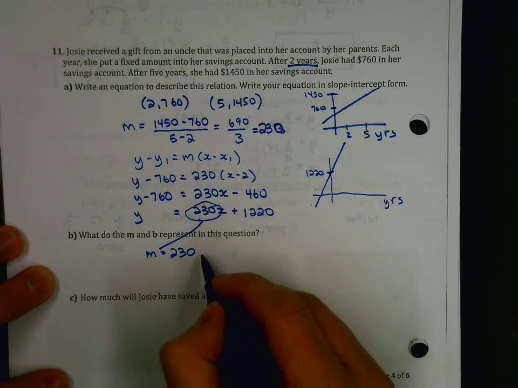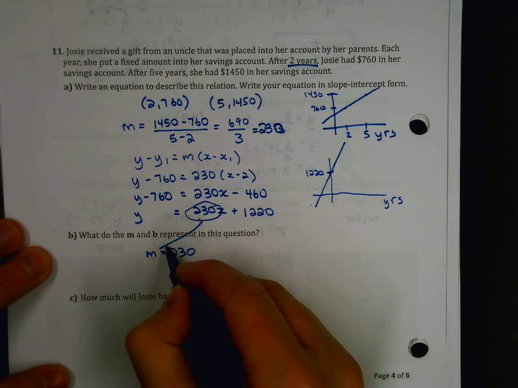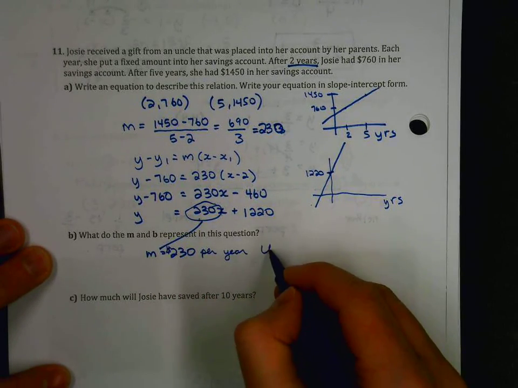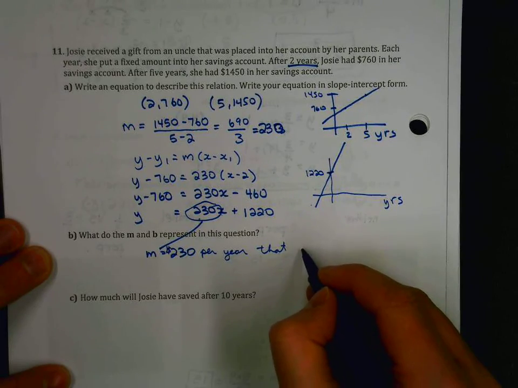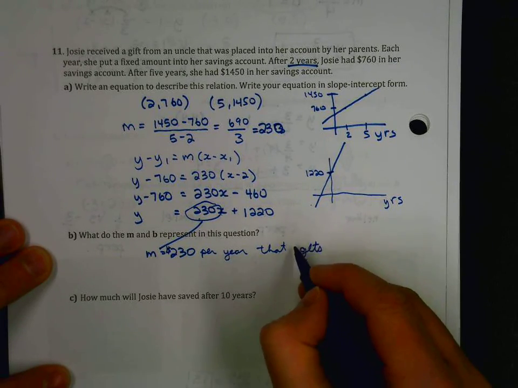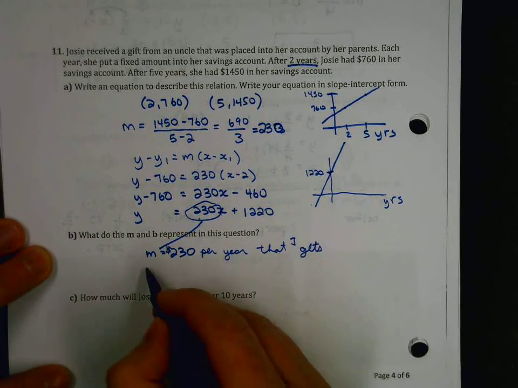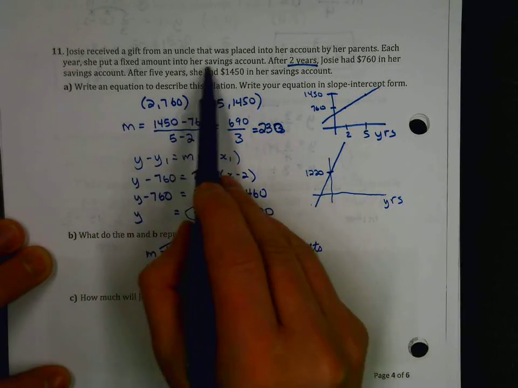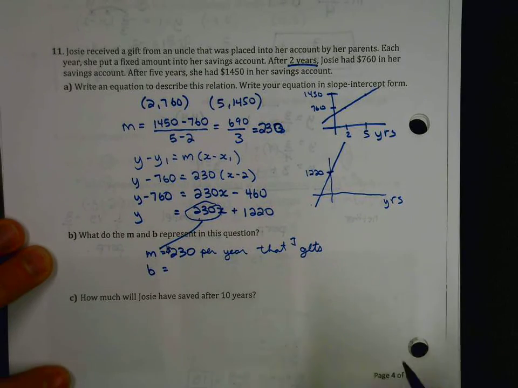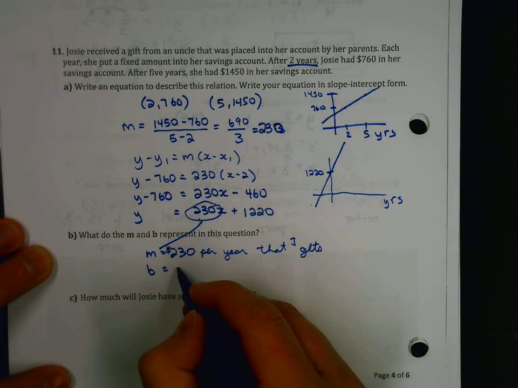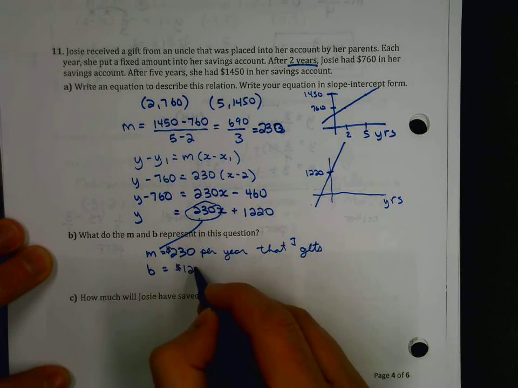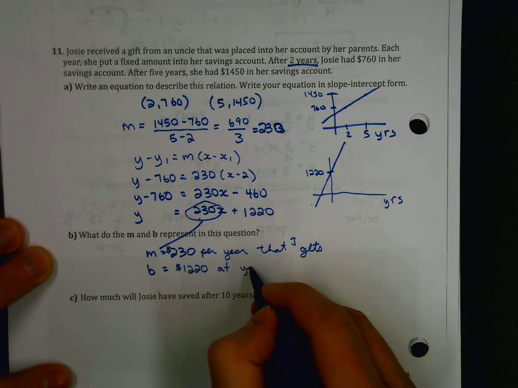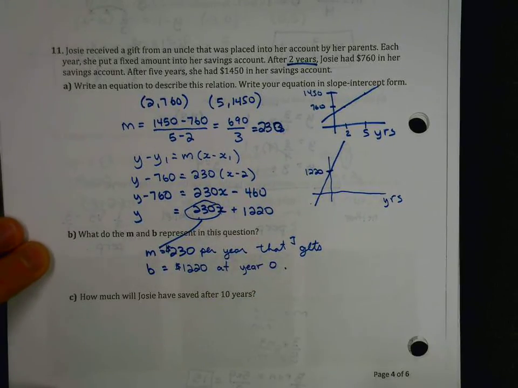So 230 is the dollars per year that Josie gets. The B value is, in this question, the fixed amount in the savings account at 0 years. So the original $1,220 is the amount of money at year 0, or the fixed amount at the beginning.